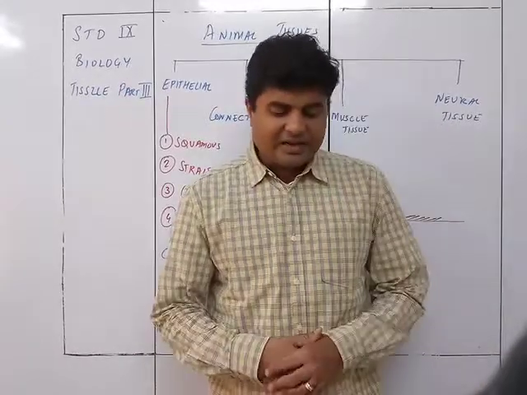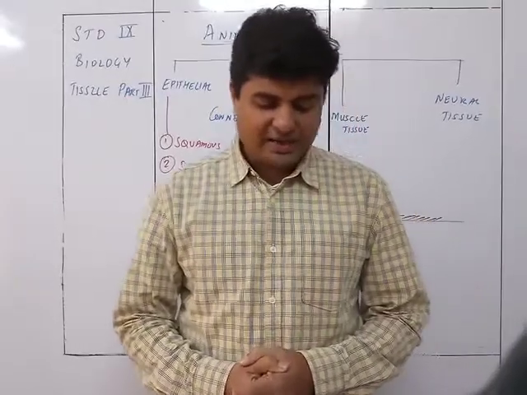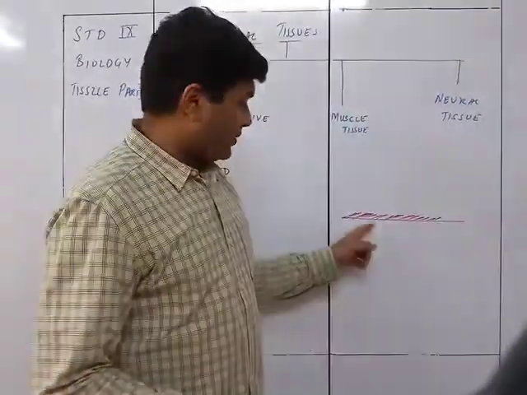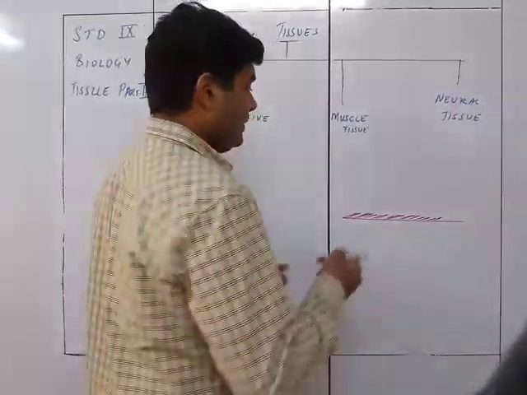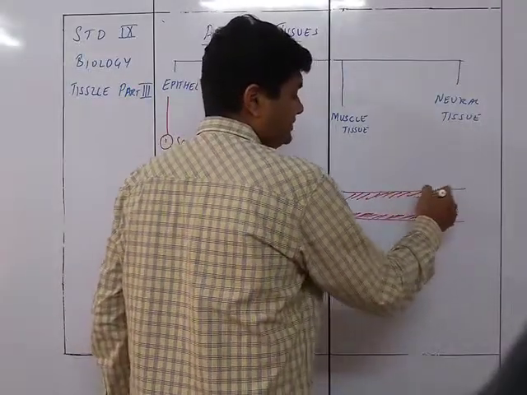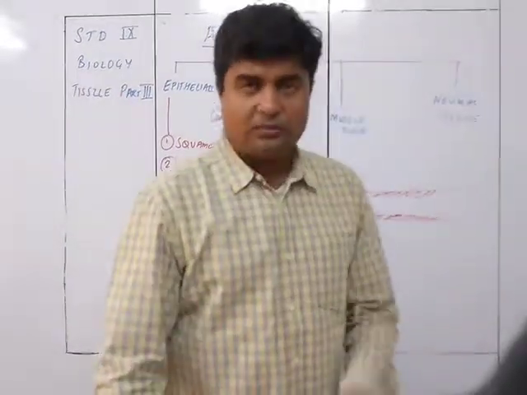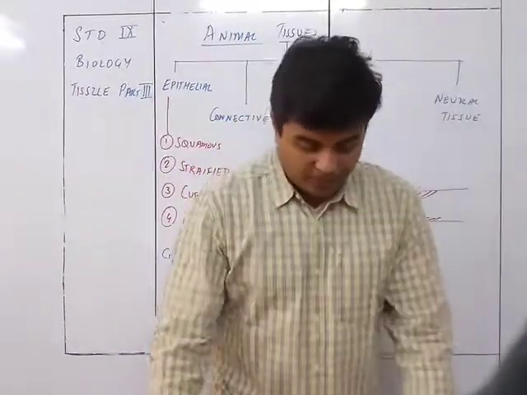The cells of ciliated epithelium have thread-like protoplasmic projections called cilia at their free ends. So if this is the trachea, then they will have this kind of cilia, in this particular manner. That is, the whole column will have cilia on top of it.